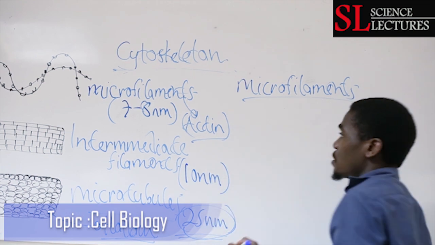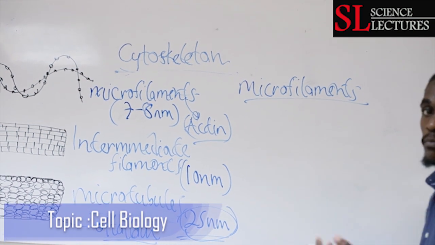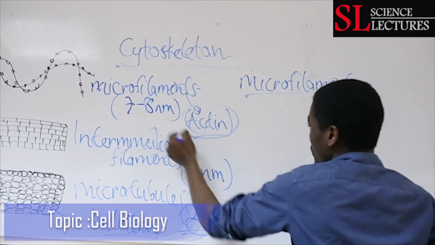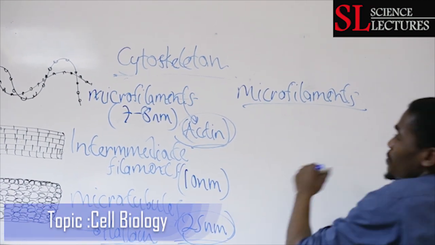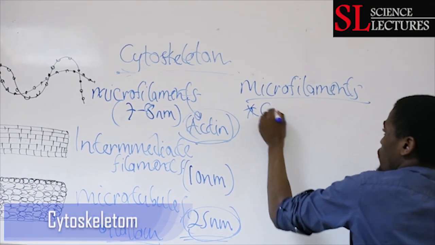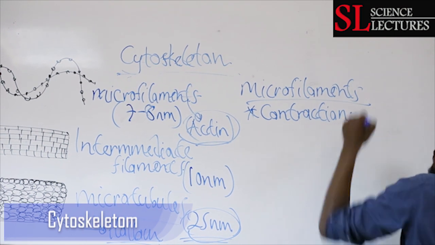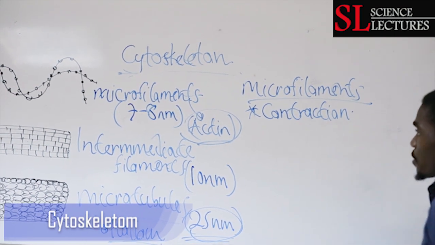We know actin is used in muscle contraction. Actin coupled with myosin will produce muscle contraction. So the number one function of the microfilaments is muscle contraction.